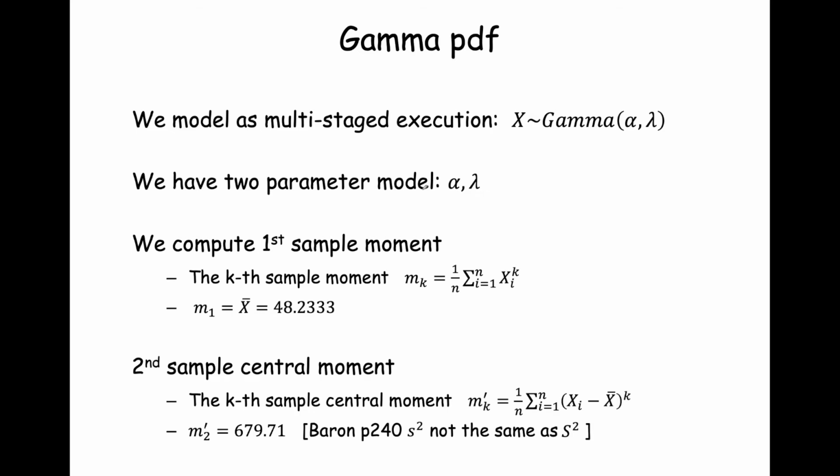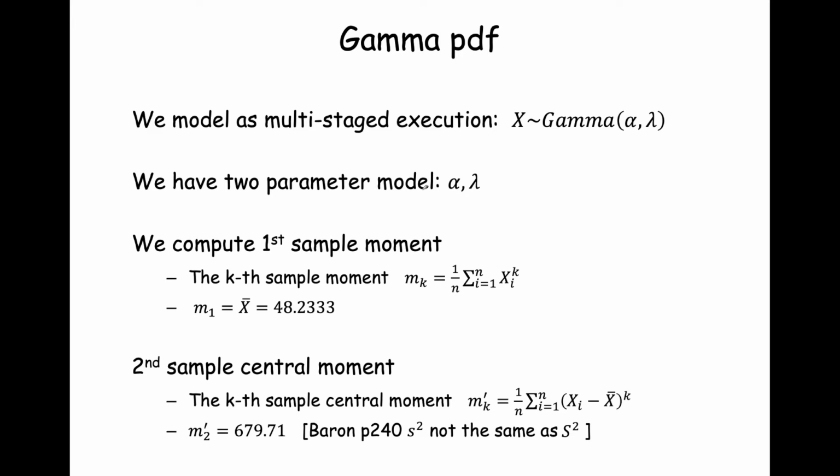And if we have the first sample moment, that's m1, so it's just x bar, right? That's just 1 upon n, the sum of all the x_i to the 1 power. That's x bar. And if we compute this x bar from our 30-many measurements, we get a value of m1, or x bar, equal to 48.23.